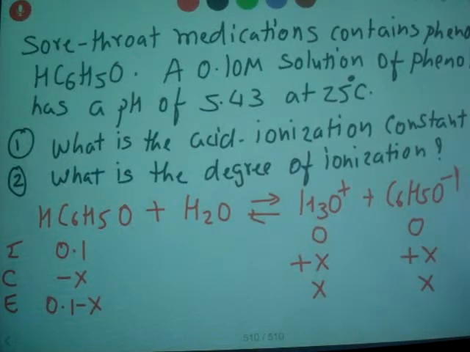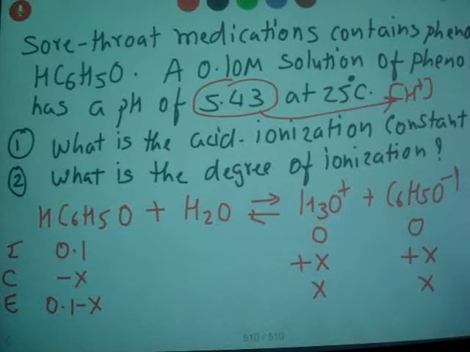Now we were told 5.43 pH. If we were told 5.43 pH, we can find the H plus ion concentration from it, right?